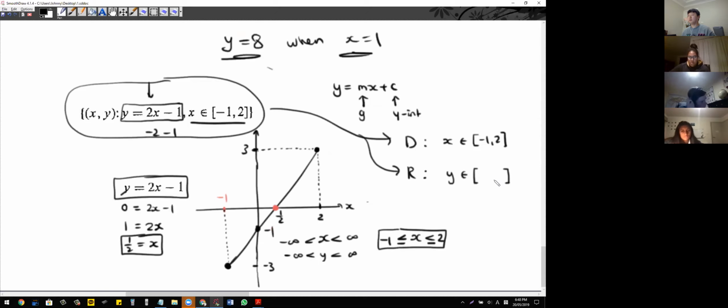So without doing subtraction, can anyone tell me? It's from here to here, isn't it? Oh, -3 to 3. That's right, -3 to 3. So that's the answer for the range.